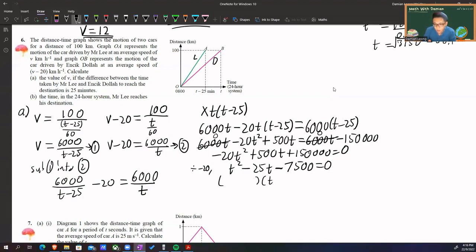Factorize. You can use a calculator or you can do the manual method, list down factors. But for large numbers, generally it's better to just use a calculator.